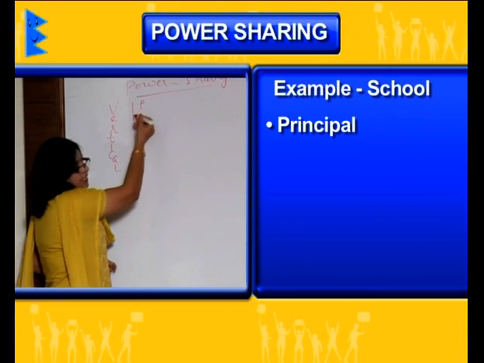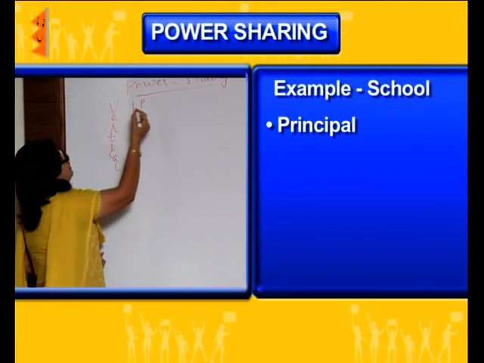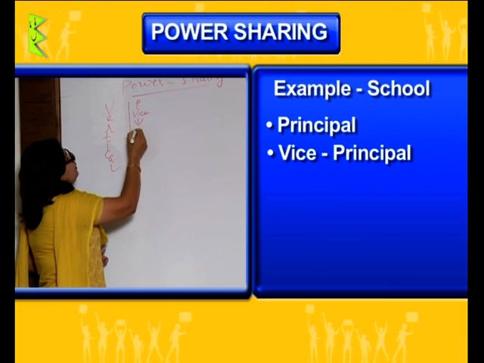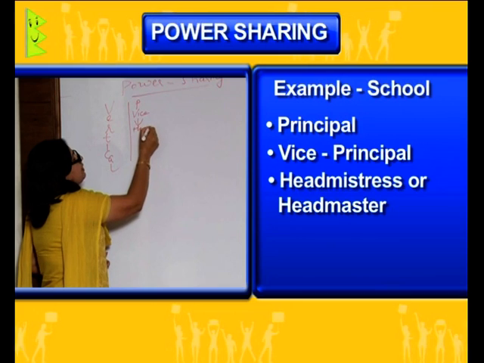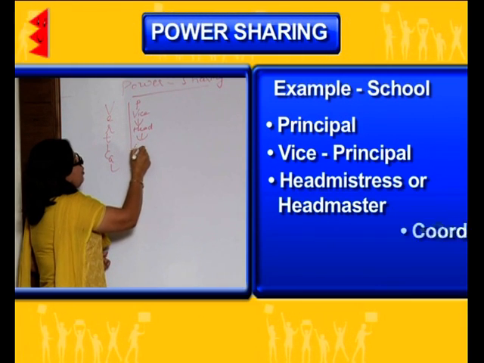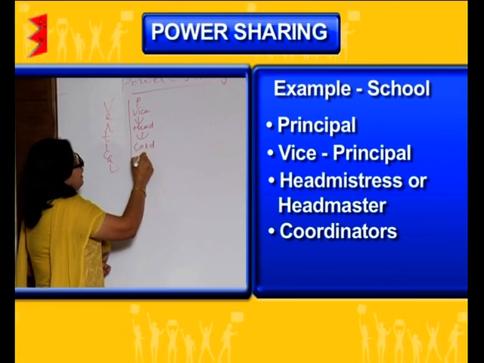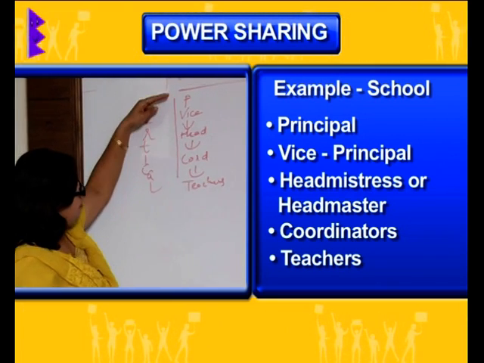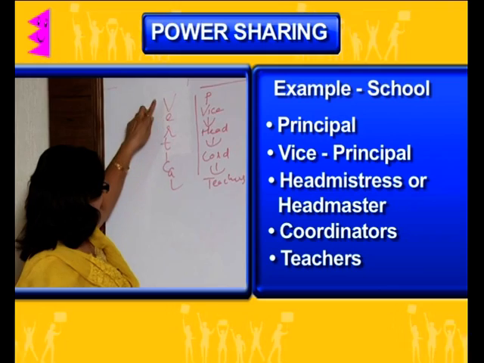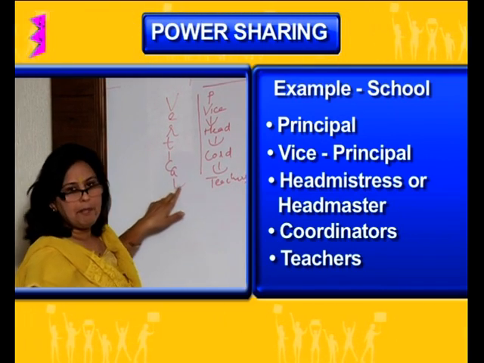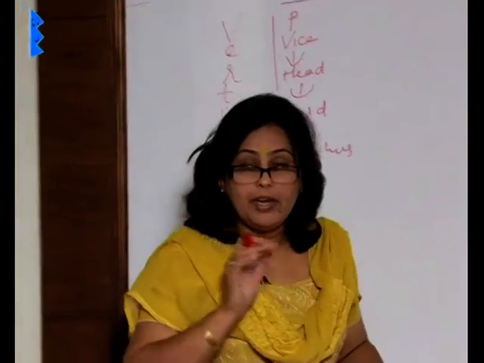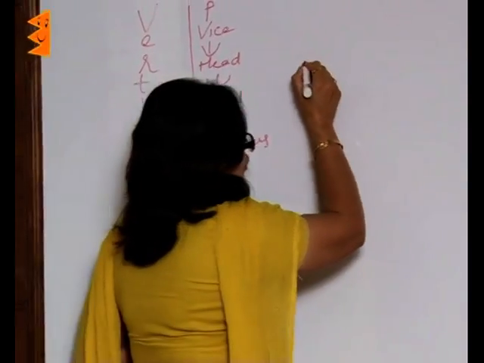Then he gives these powers to the vice principal, then to the headmistress or the headmaster, followed by the coordinators, followed by the teachers. So, this kind of arrangement when the power is shared is called the vertical power sharing method.